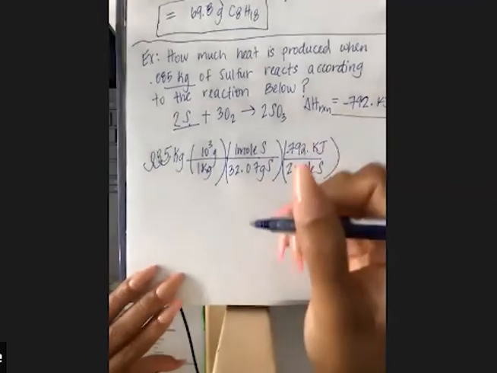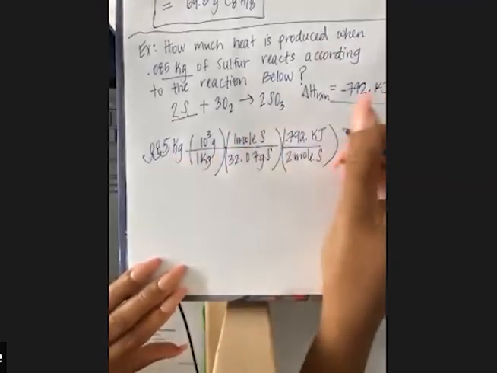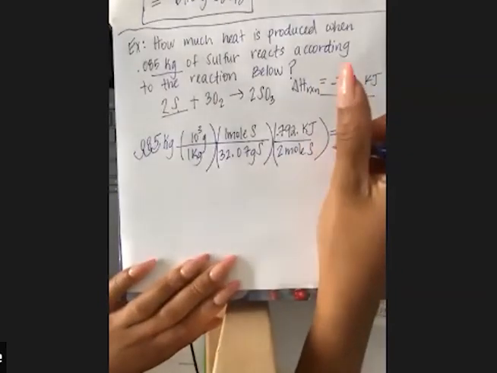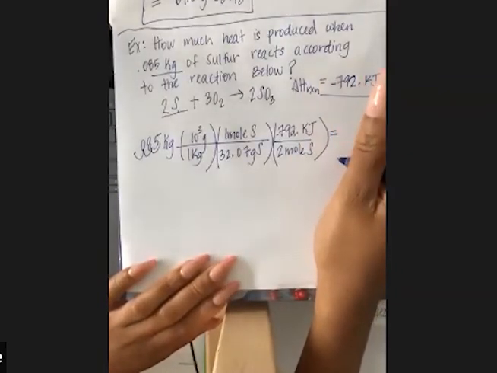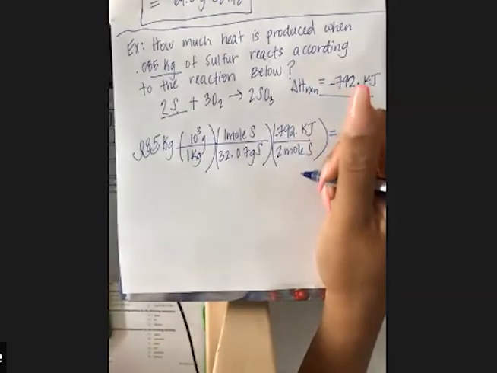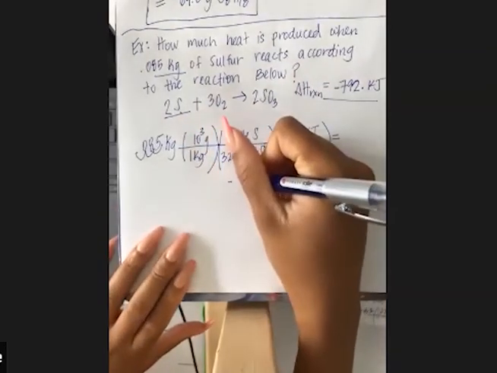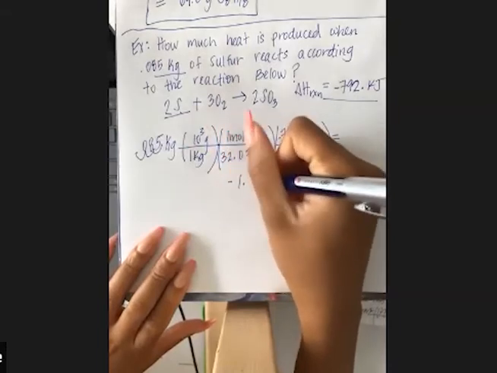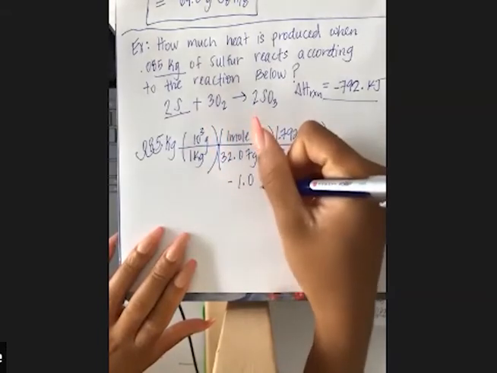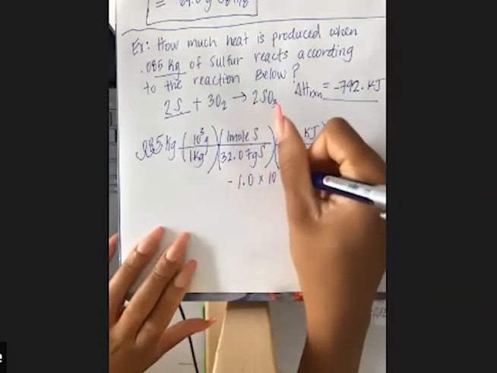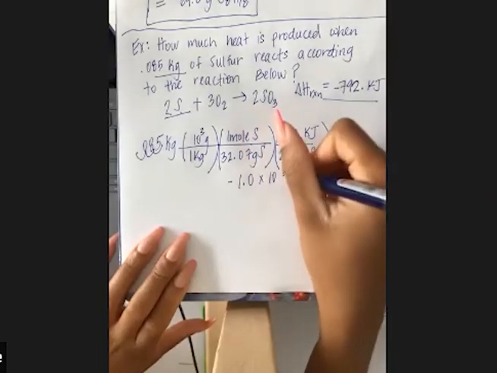So what did you guys get with 2 sig figs in your answer? All right, so we need 2 sig figs. With 2 sig figs, I end up getting negative 1.0 times 10 to the power of 3 kilojoules.